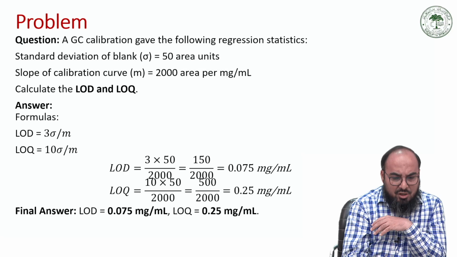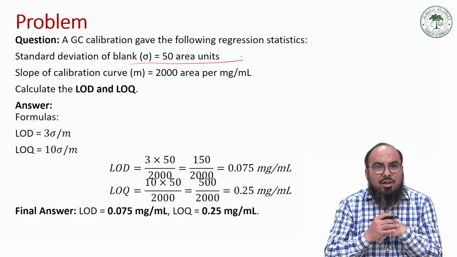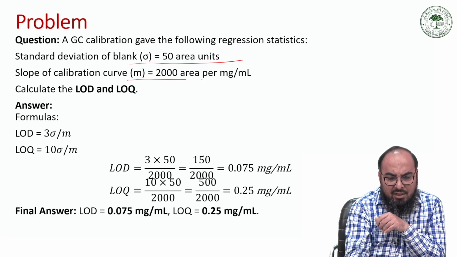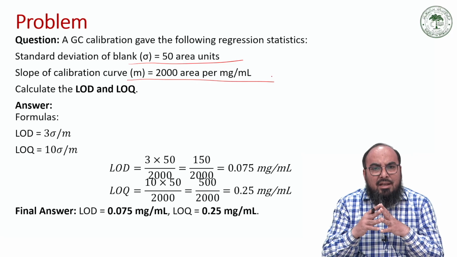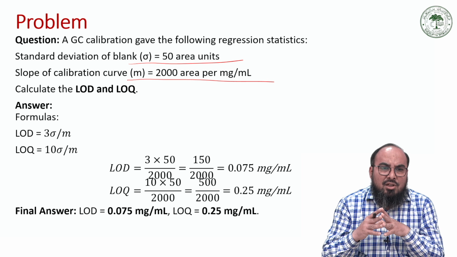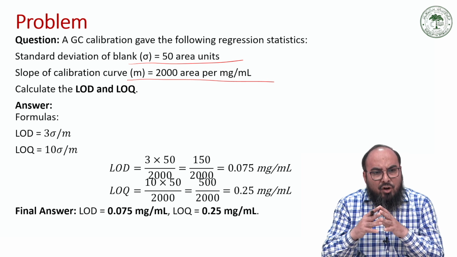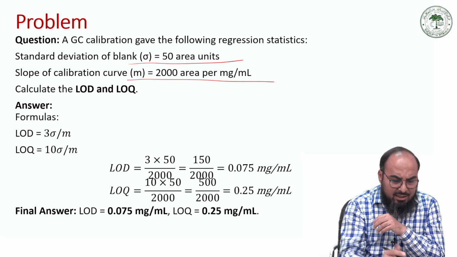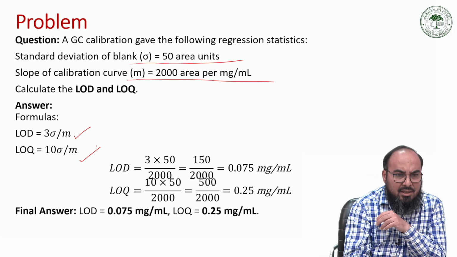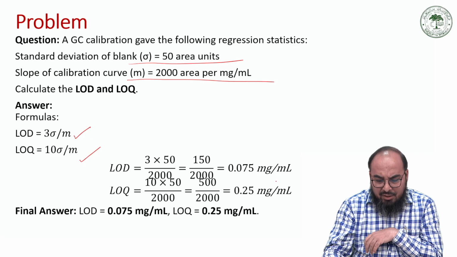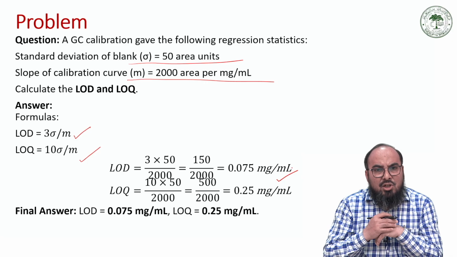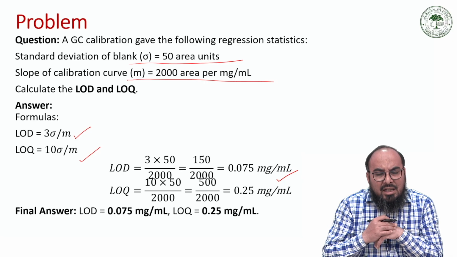Another problem: a GC calibration gives the following regression statistics. Here the standard deviation of the blank is 50 area units, and your slope of calibration, which is defined by m, is 2000 area per milligram per ml. You need two formulas, the limit of detection and the limit of quantification: 3 sigma upon m and 10 sigma upon m. You calculate them individually, and you get a limit of detection of 0.075 milligram per ml.